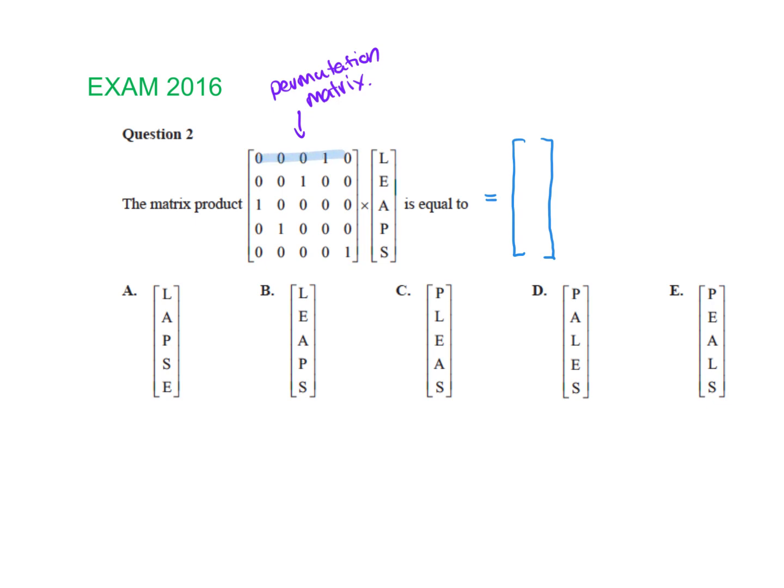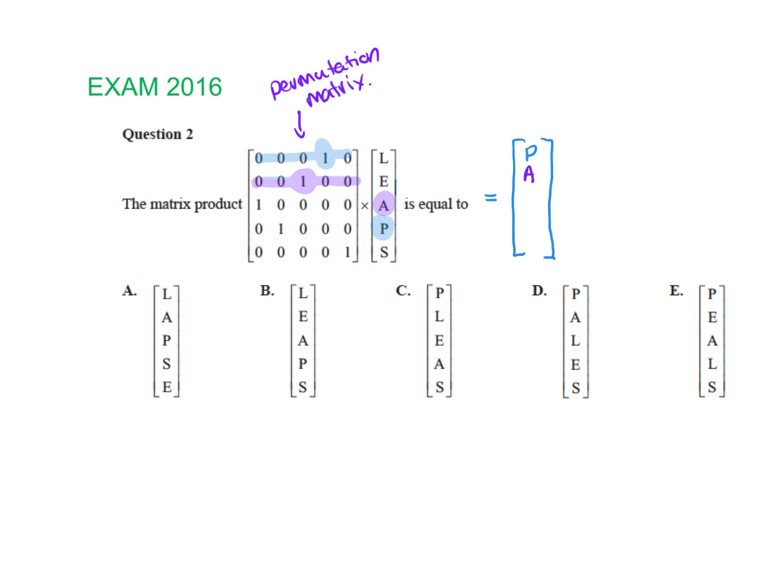So if we were going across this row, the 1 is on the fourth one down, so 1, 2, 3, 4, so the P is going to show first. Then if I do the second row, the 1 is on the third one, so 1, 2, 3, so the A is going to show.